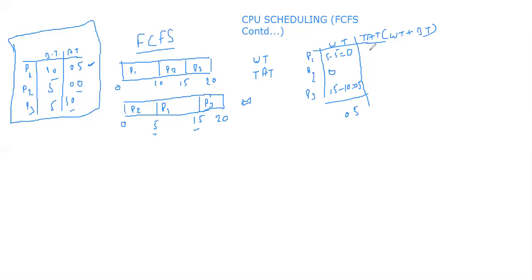Here the waiting time is 0 and the burst time is 10, so this becomes 10. Then for P2 the waiting is 0, so it is 5. For P3, waiting 5 plus burst 5 is 10, so it becomes 10, and the total is 25. So this is my turnaround time and waiting time calculation for the first come, first serve algorithm.